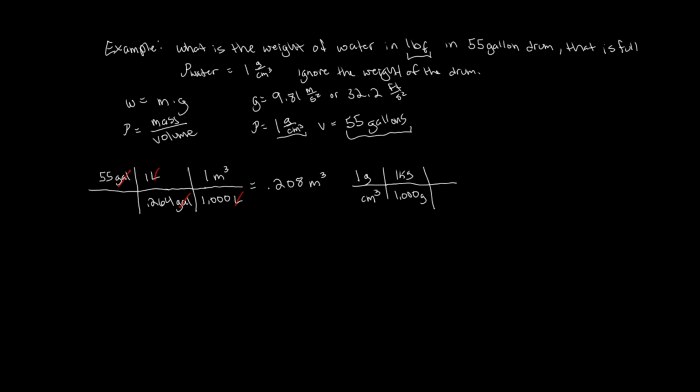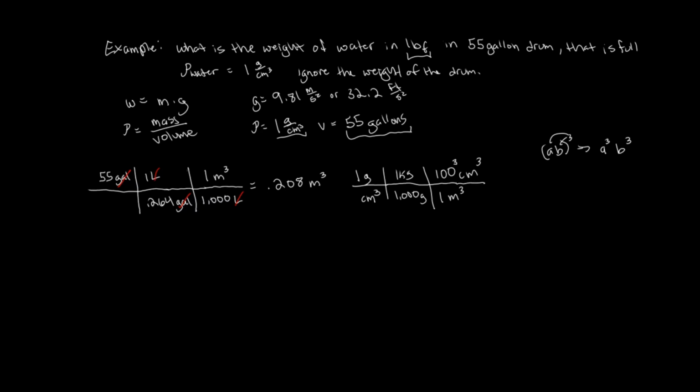But we're dealing with cubic, so we have to carry. Remember, (AB) raised to the 3 is equal to A to the 3, B to the 3. We had to carry this into both of these. So if 1 meter is equal to 100 centimeters, then for centimeters cubed, it would need to be 100 cubed to reach 1 cubic meter.